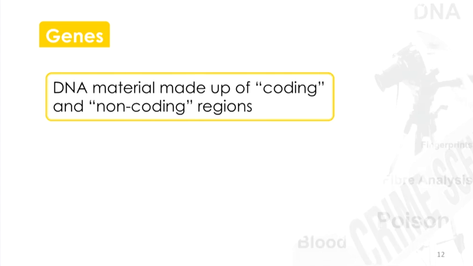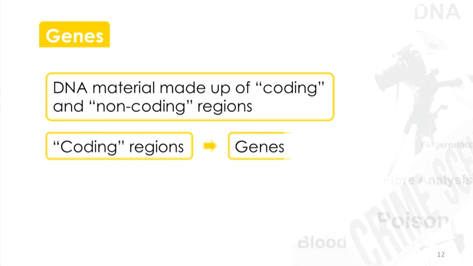Now, one of the surprising things about DNA is that your genetic information, the information to create a human being, appears to be contained in only part of the DNA. That part of the DNA is known as the coding region, which has the genes. The rest of the DNA is known as the non-coding region.